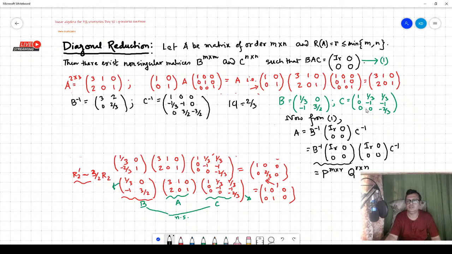So first element is 2/3, then this is 1, this one is correct, and then 1/3, 0, minus 1, that is plus 1.